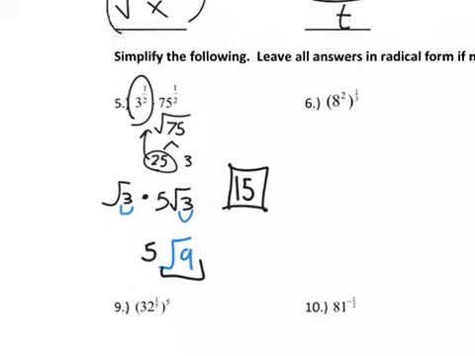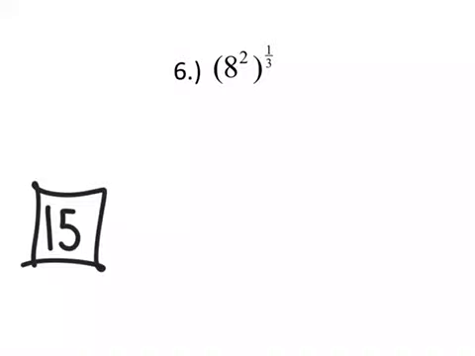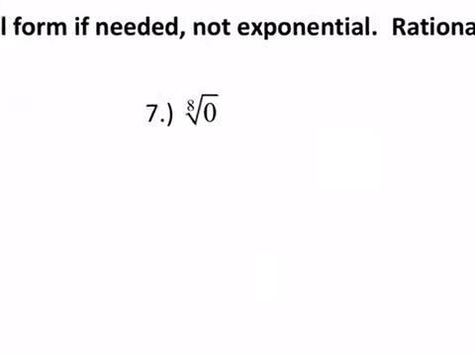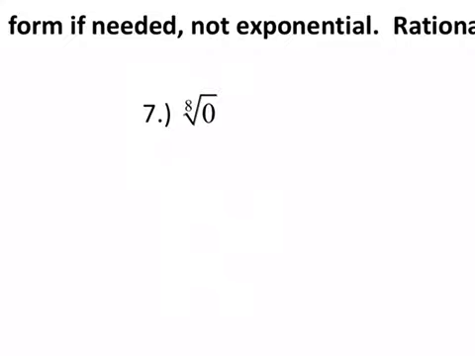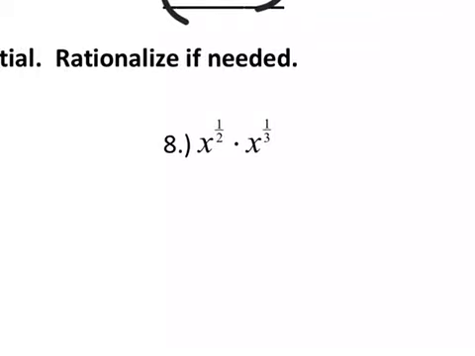Alright. So on this one here, 8 squared, 64. 64 to the 1/3 power, that's the cube root of 64. That's a 4. 8th root of 0. It's a 0. Okay. This one here, this is a same base. Add the exponents.